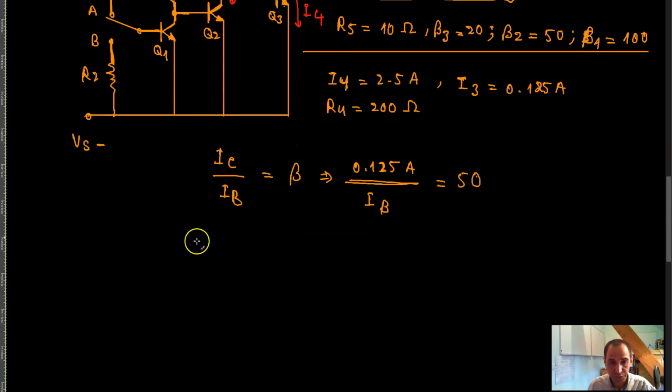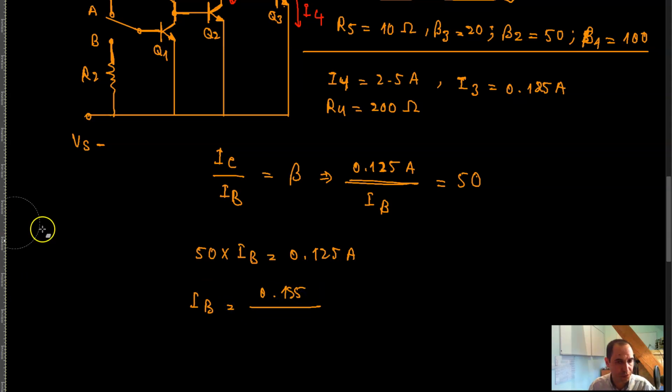So now solving for I of B, we have 50 times I of B is the same thing as 0.125 amp, which means that I of B is 0.125 amp divided by 50.